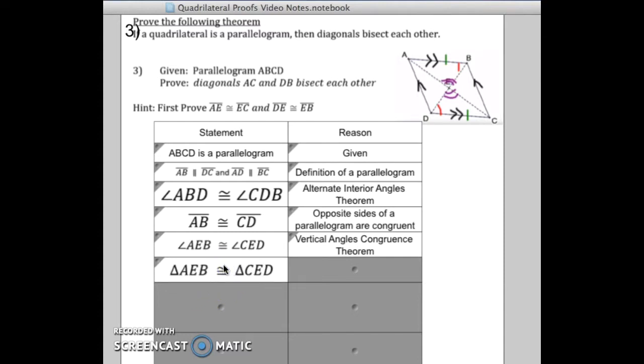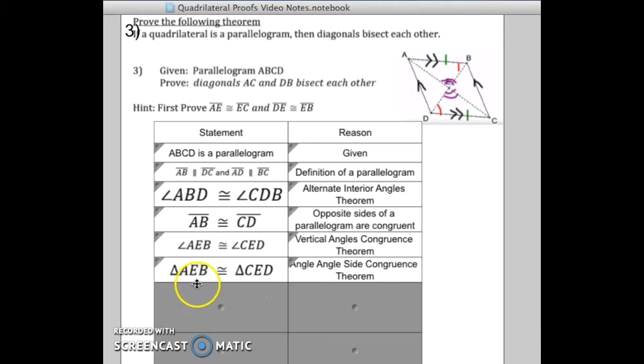Now, those 2 triangles are congruent because I have an angle that corresponds with that angle, I have this angle that corresponds with this one, and I have this side that corresponds with this one. Angle, angle, side. So I can prove the triangles congruent by angle-angle-side congruence.